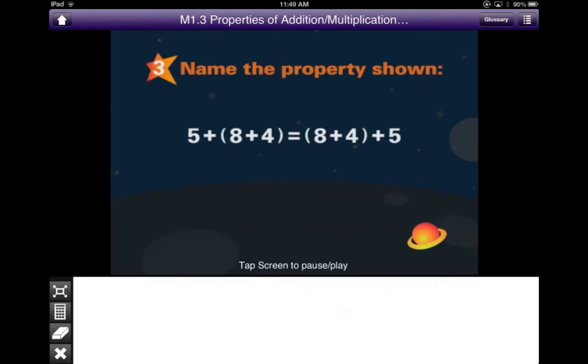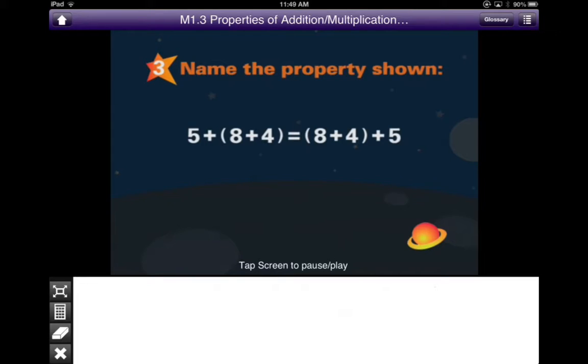If the group has not changed, it may not be the associative property. So take a close look at this problem and see what you think. Press pause and write this down. Write this example down in your notes and write down what you think it is. Press play when you're ready to check your answer.